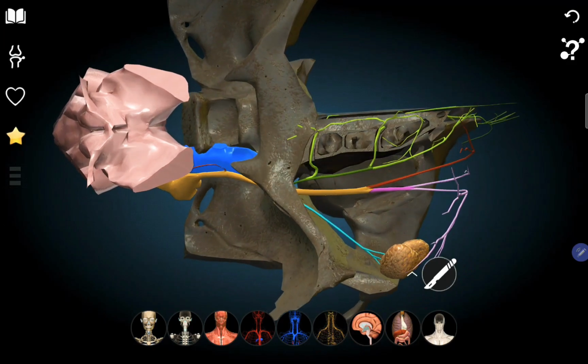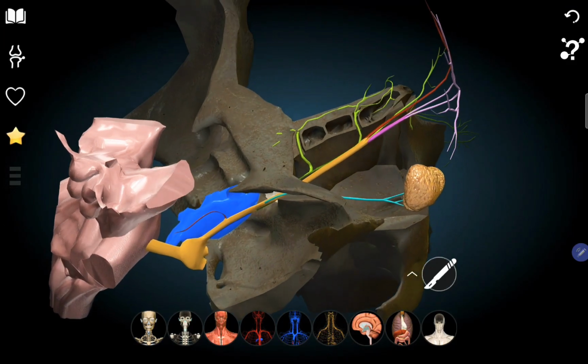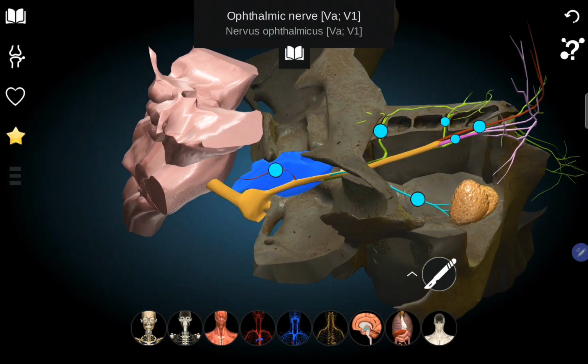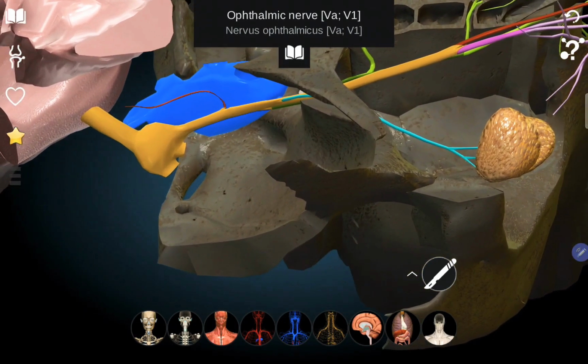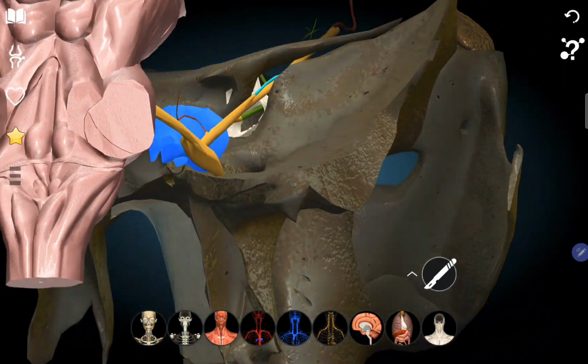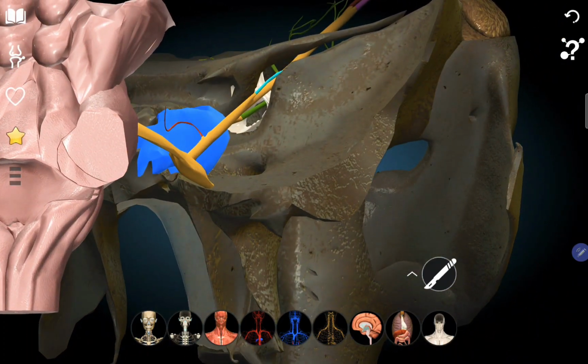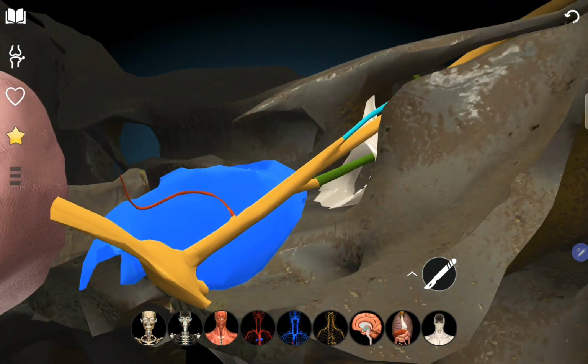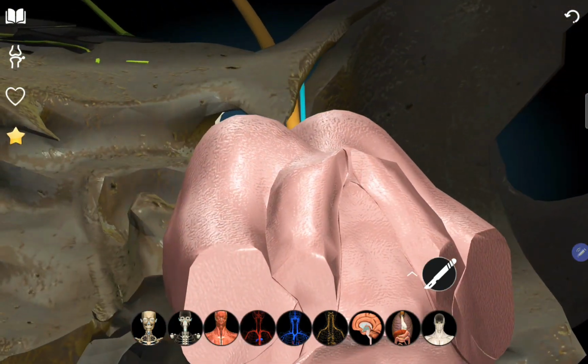As you can appreciate, the first one in green is our nasociliary, which is the medial most. This nasociliary branch is coming from the common tendinous ring of Zinn.